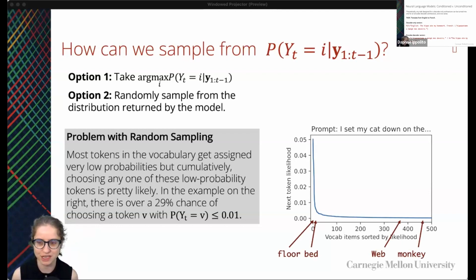The generated text might end up incoherent, or have weird semantic errors that a human would never make. So for this reason, instead of just random sampling from the actual distribution returned by the model, we tend to use strategies that first modify this distribution to reduce its randomness before we do the sampling. We're going to go over a few different ways people have modified this distribution. Any questions?